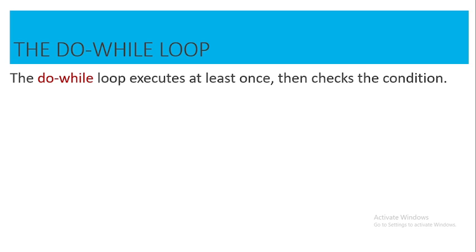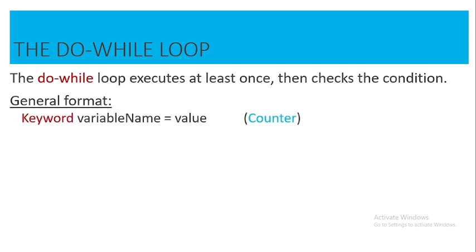This is how the do while loop is constructed. It's the general format of the do while loop. You have the keyword, variable name equal value, so you have the initialization of the counter. You declare the variable name, then initialize it with the first value. After that, the do keyword, then the curly brackets.